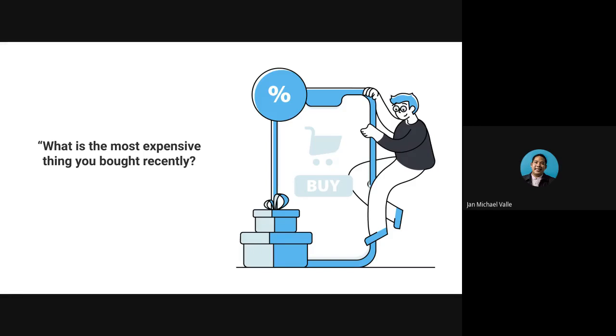For me, the most expensive thing that I bought is a budget gaming PC. Initially, I'm a very casual gamer, so I just play on my console, and then eventually, some of my friends who were playing on the PC said that there's a game that we can play together.